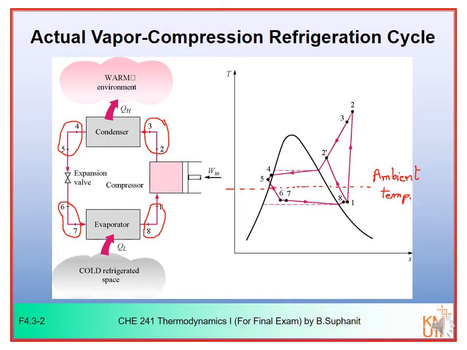The pressure drop in line 2, 3 will result in more work required in the compressor to compensate for this line pressure drop. You can see that we have a pressure drop in line 2, 3 here. You have to compress to a higher pressure to compensate for the pressure drop in this line.